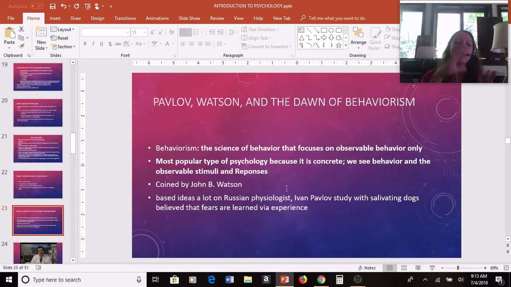Alright, once functionalism had its little spot in the spotlight and then started to die out, I would say we see psychology regress a little bit, because the third school of thought that comes along is behaviorism. What sets behaviorism apart from other theories in psychology is that it does not acknowledge the mind-body connection.